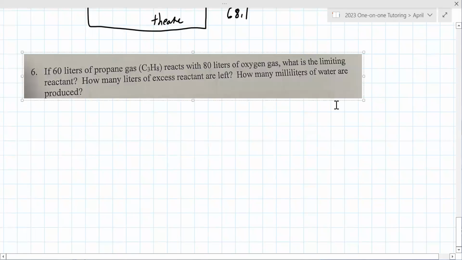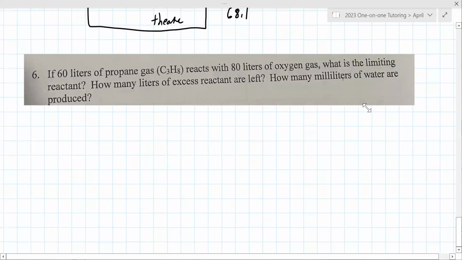All right, 60 liters of propane gas react with 80 liters of oxygen gas. What is the limiting reactant? So we got C3H8 plus O2, and I guess we believe that this is CO2 plus H2O again. So the C is the first one to balance because it's kind of in one spot.